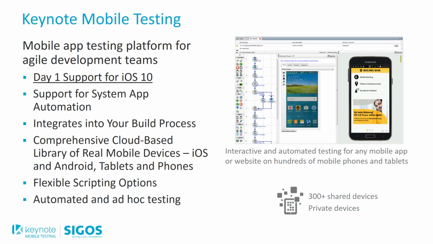We have capabilities to integrate into your build process, with integrations with Jenkins. You can do integrations with other build tools. We have hundreds of devices out in the cloud, with iOS devices as well as Android devices too. And lots of flexible scripting options and the ability to both interact with devices, as you could see Eric doing manually, as well as write scripts on them.